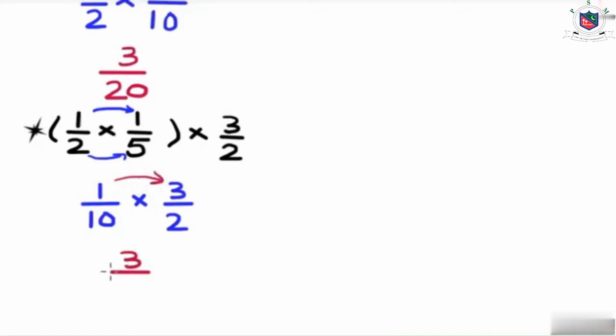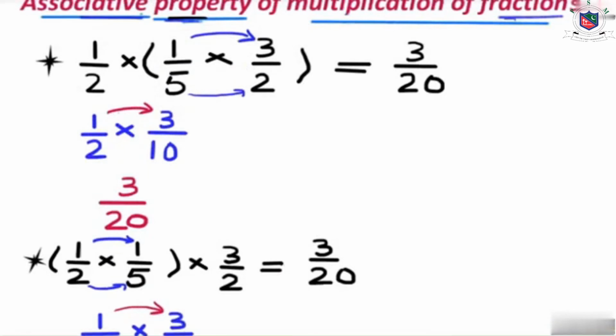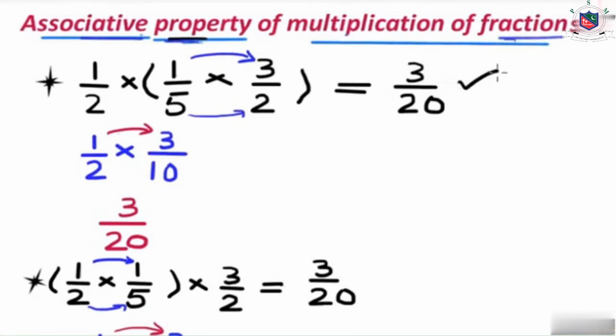Again the numerator will be multiplied by the numerator. So 1 times 3 is 3 and denominator will be multiplied by the denominator. So 10 times 2 is 20. So dear students, you can see that here we have changed the places of the fractions and we got the same answer as 3 upon 20.